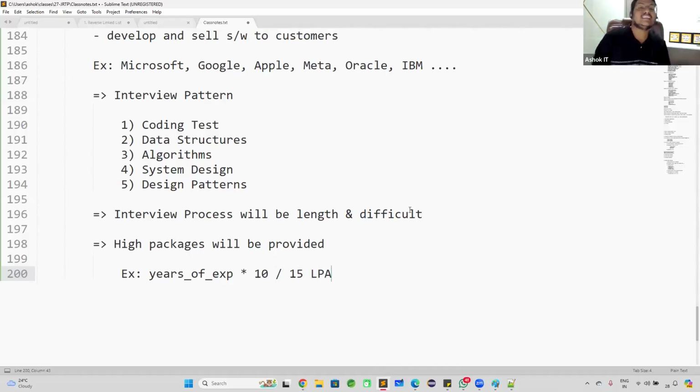That means if you have 2 years of experience, you can get a 20 lakhs package in a product-based company. If you have 3 years of experience, you can get a 30 lakhs package also.